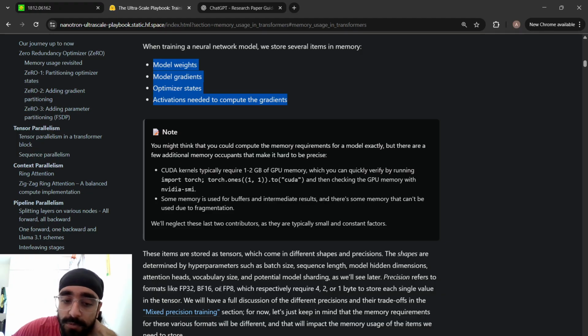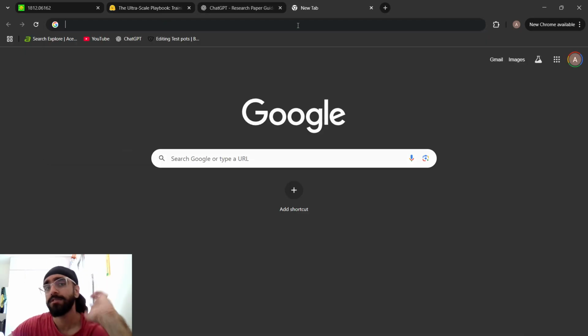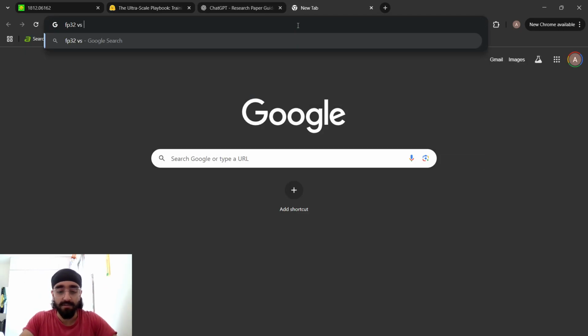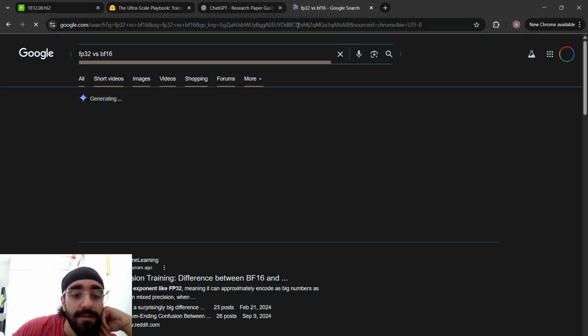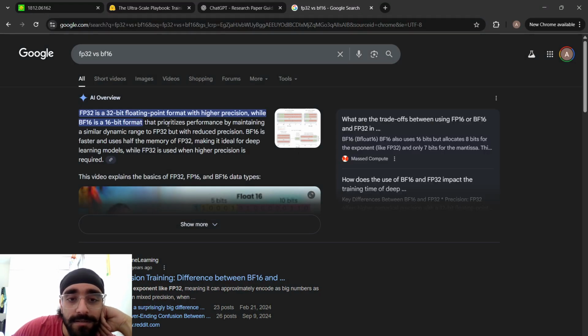So they moved on to BF16, which maintains a similar dynamic range to FP32 but with reduced precision.